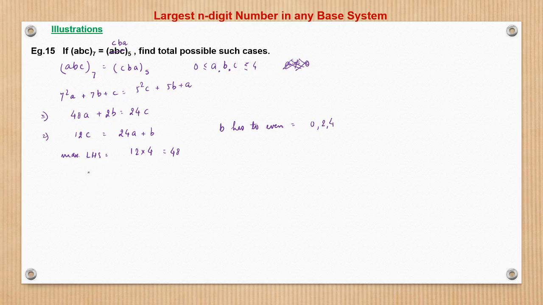So suppose LHS is 48, so 24A max plus B min. From here we can say A can take a maximum value of 2. A cannot go more than 2. So possible values of A are 0, 1 and 2.